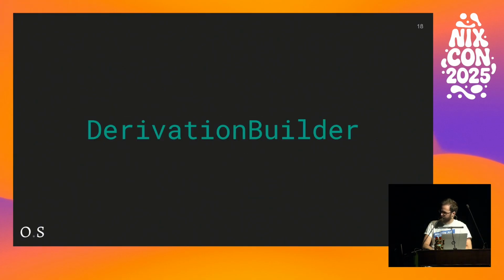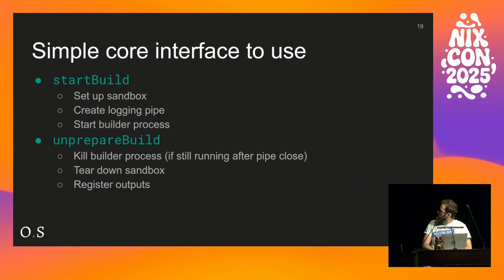And now let's get to the derivation builder itself. So it's a very simple interface. There's just 2 core methods you need to know. Starting the build, which sets up the sandbox in all the ways that can happen, creates the logging pipe that the builder process is going to be writing into, and then actually starts the builder. Apologize for using builder in 2 senses of the word.